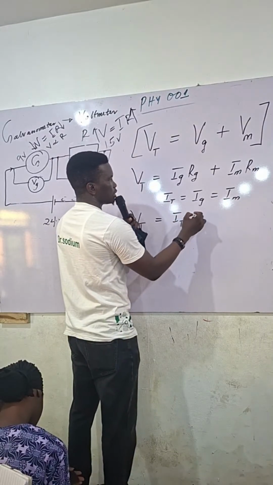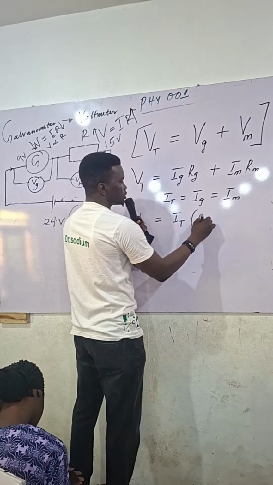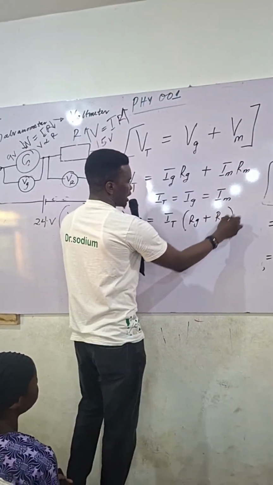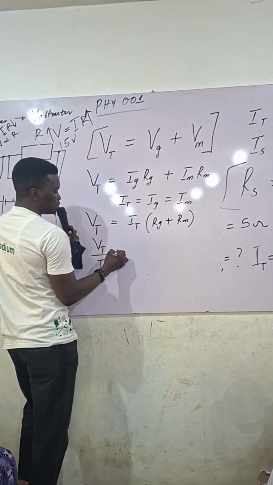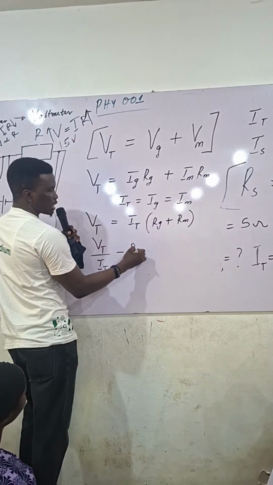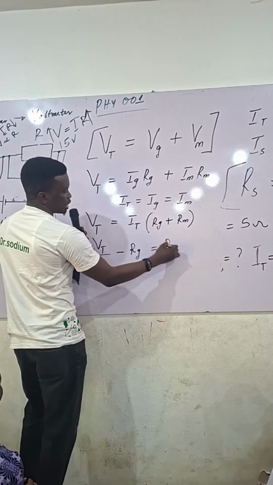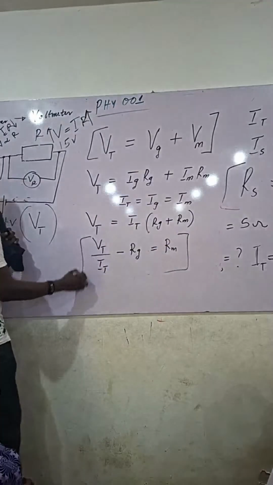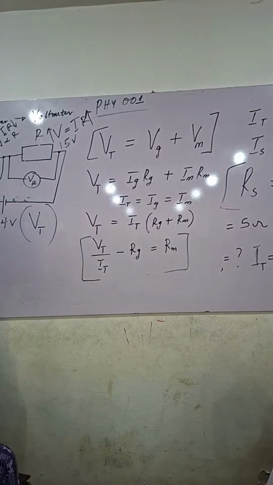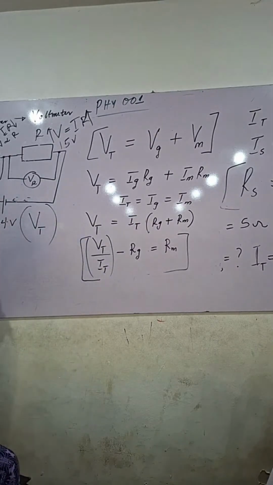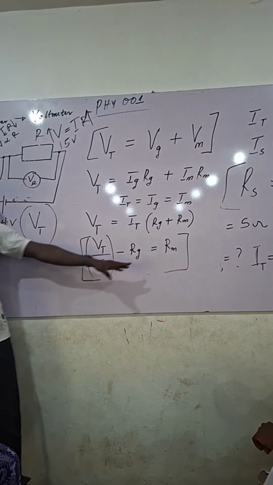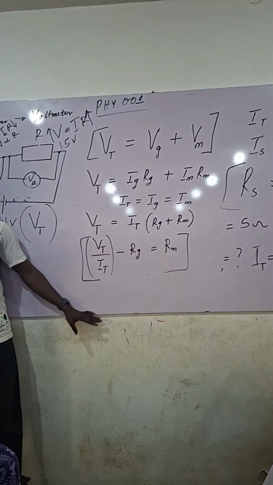So I can say V_T over I_T minus R_G is equal to R_M. V_T over I_T minus R_G is equal to R_M. Do we agree to that formula? That's it. So if they say calculate the multiplier, this is the formula you will use.